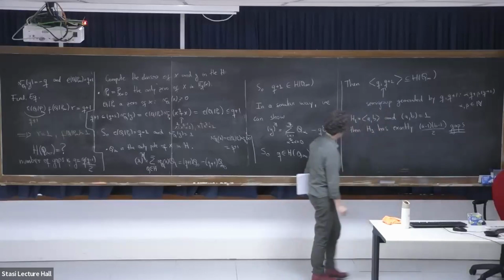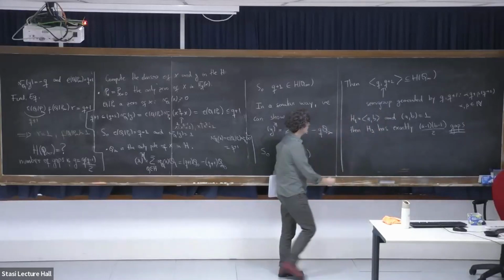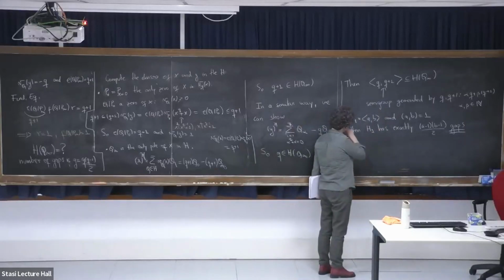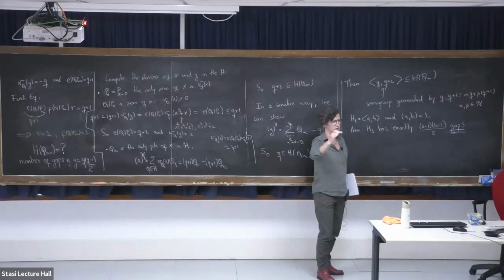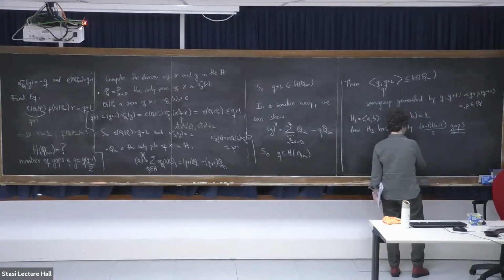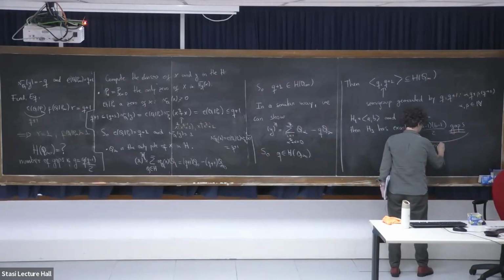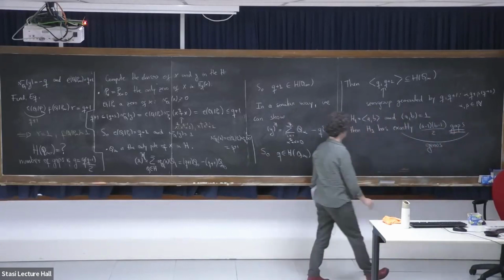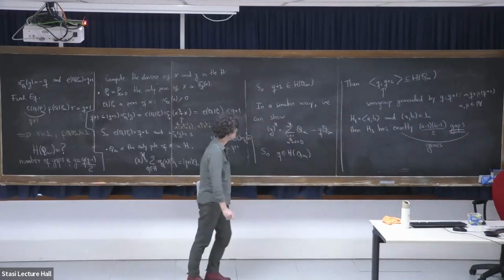Okay? Because, well, what are the gaps? The gaps in a semigroup are just the missing guys. So this is what you call the genus, the number of gaps.